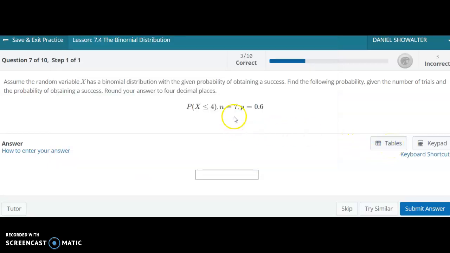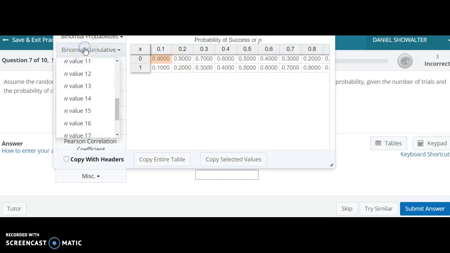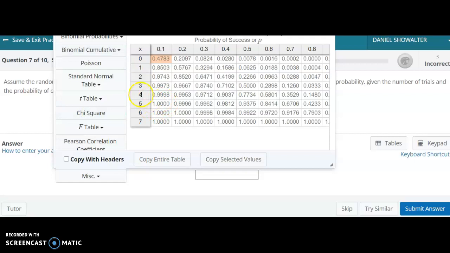However, it's going to be much easier if we just use the cumulative, because this one here, if we choose 4, is going to automatically include 0, 1, 2, 3, and 4. I believe that was 0.6 probability for any given one.